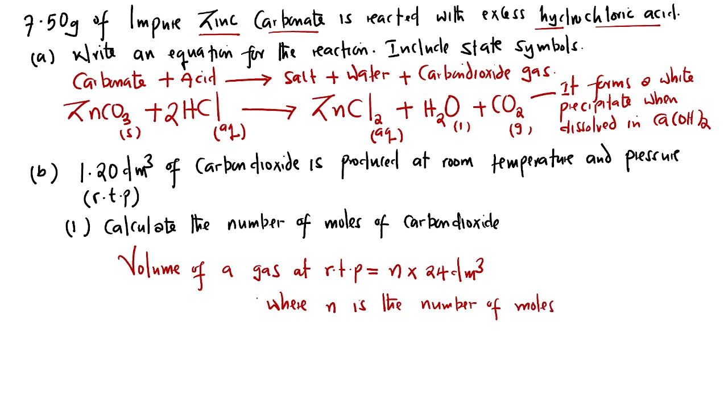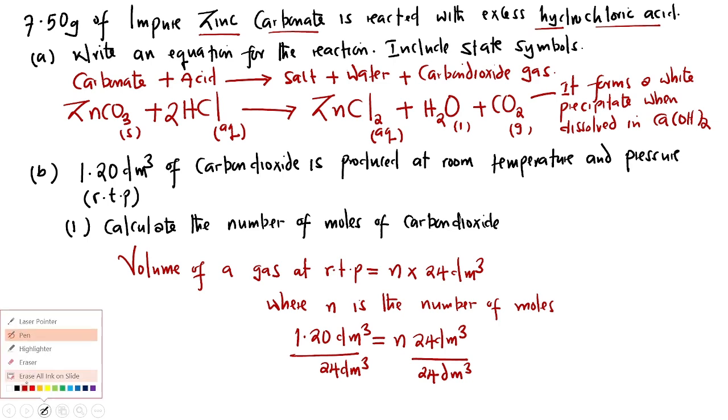So our volume in this case being 1.20 decimeter cubed is going to be equal to n times 24 decimeter cubed. Since we're interested in n, we're going to divide both sides by 24 decimeter cubed. The 24 decimeter cubed cancel out, and you remain with n.